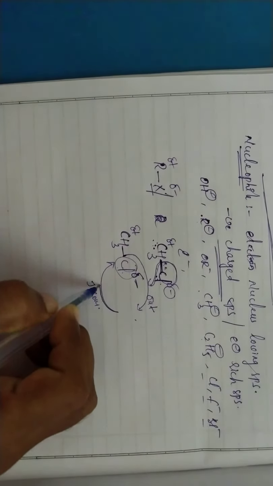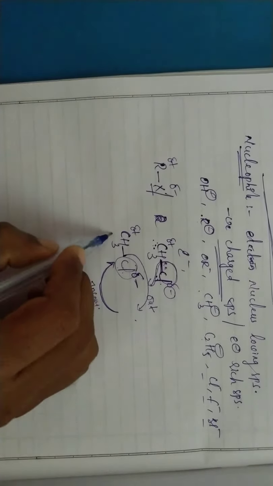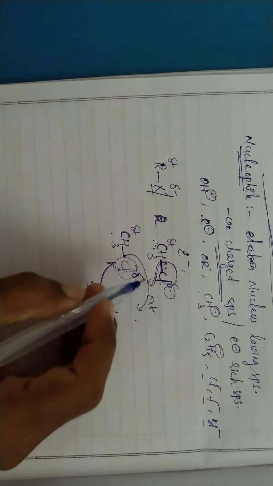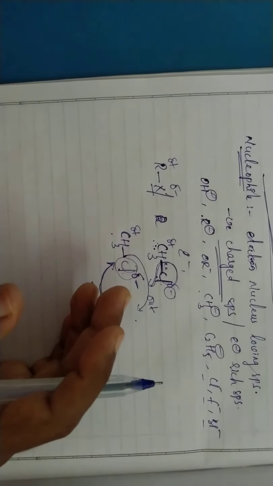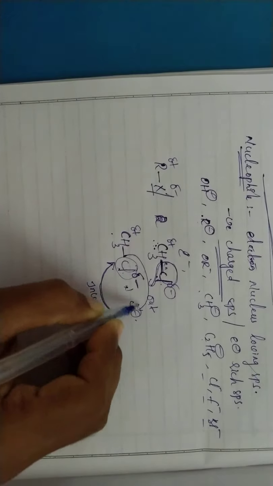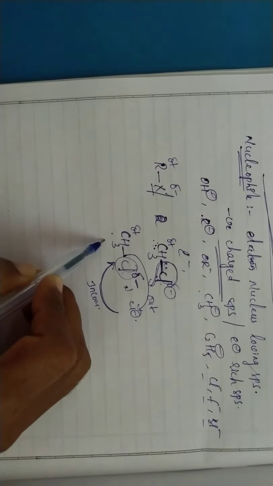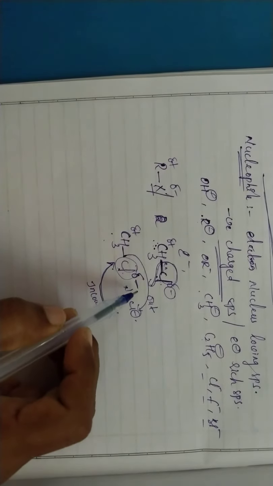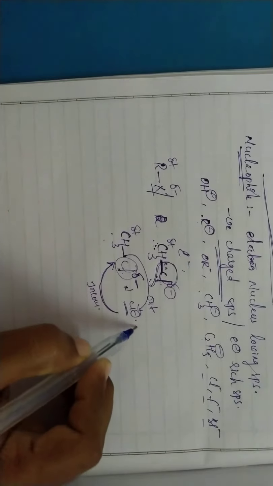Another new group or atom will come and attack the carbon in the chlorine place. Chlorine goes out in the form of a nucleophile, so Cl minus is leaving the carbon. That is a leaving group, and this leaving group is in the form of a nucleophile.